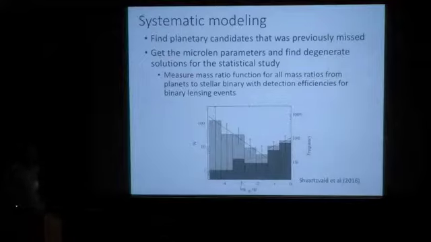And so we will measure the mass ratio function for all mass ratios from planets to stellar binaries, with detection efficiencies for binary lens events, like Suzuki did in his 2016 paper.